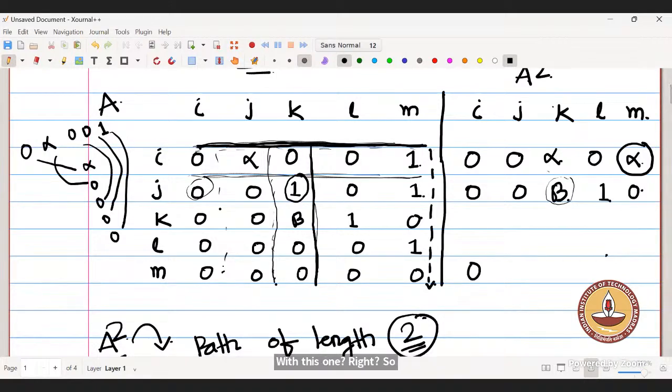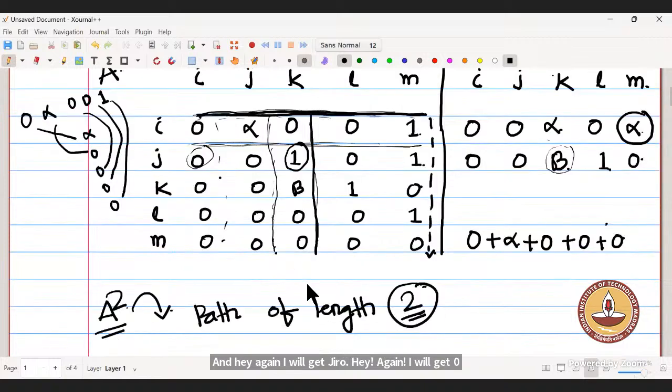I will get 0 plus alpha, again I will get 0, and again I will get 0, again I will get 0, right? Correct or not? Yeah.